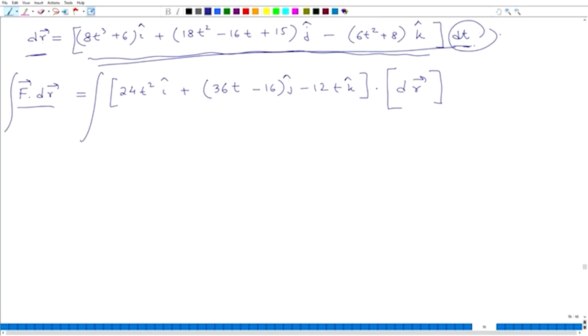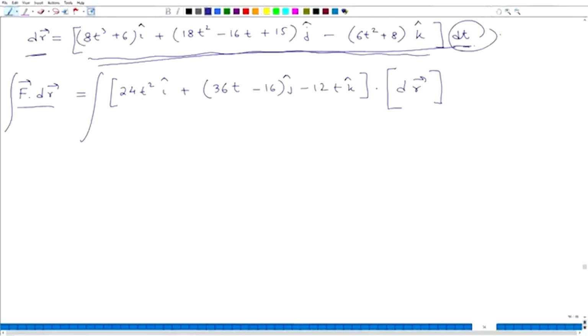Now if you do the integration over t, I would like to know the amount of work done to move a particle between the time instant t equals 1 to t equals 2. If I say that, then you can give me a value for that work done, which will be from 1 to 2.